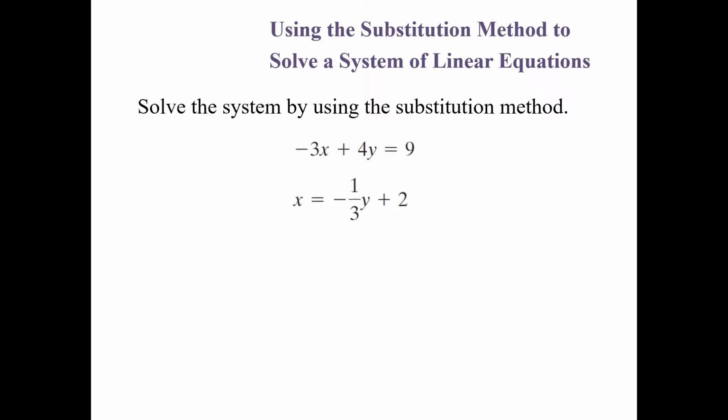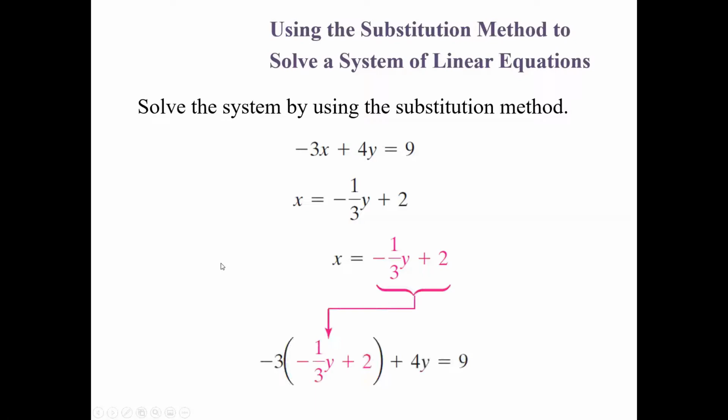Okay, here's another one. This time I've got a fraction in one of them. I've already got this isolated, so I'm going to leave well enough alone. I'm not going to clear the denominator. Now I'm going to take this -1/3 y plus 2, and I'm going to replace in the other equation right here this x.